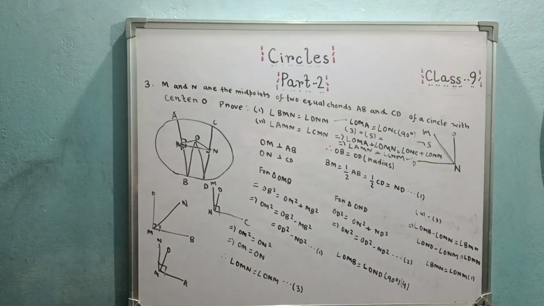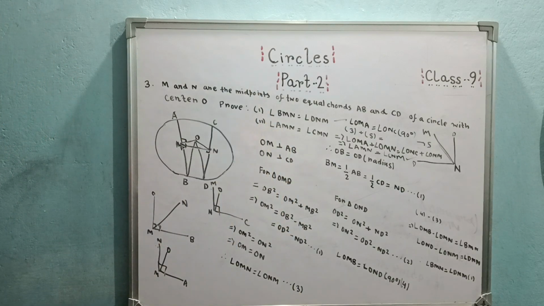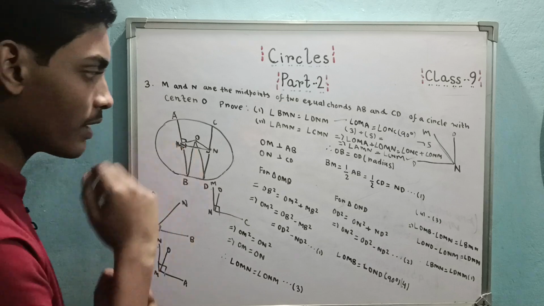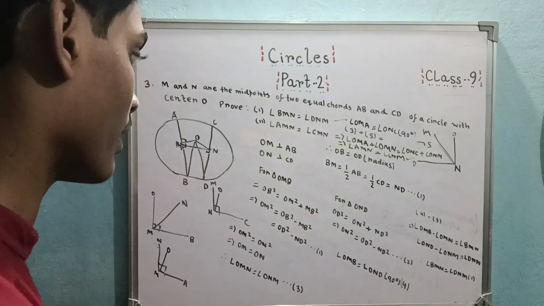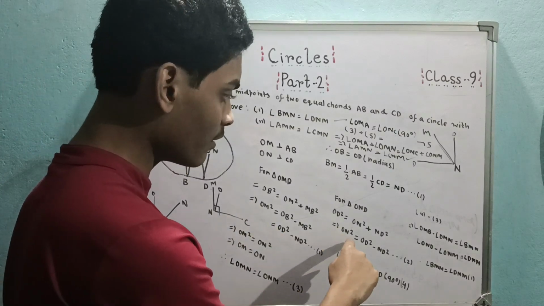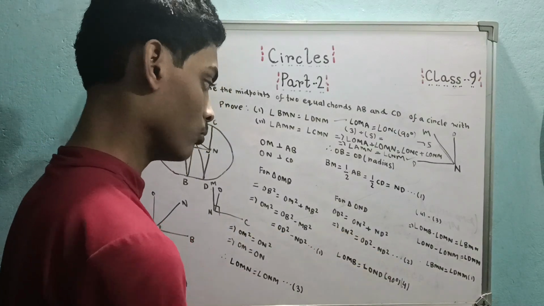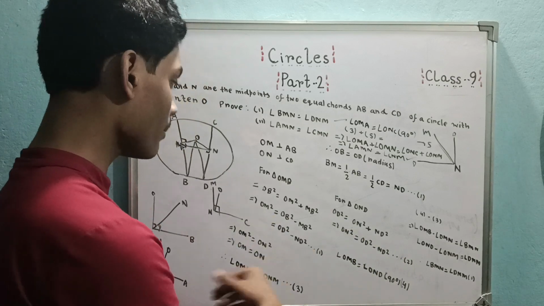Then I went into right angle triangle OND, and I saw hypotenuse OD square equals base ND square plus height ON square. Then taking ON square to one side, it is equal to OD square minus ND square. Then I see that OM square's value is equal to ON square's value. That is OM square equals ON square, and if I take root, OM equals ON.